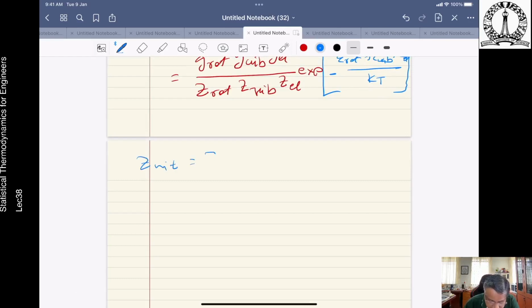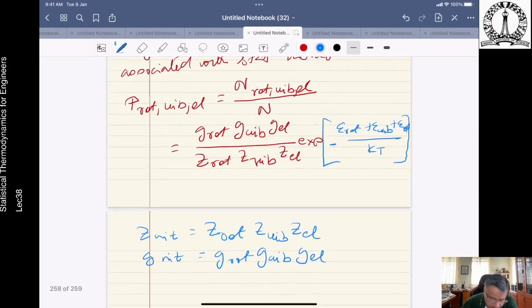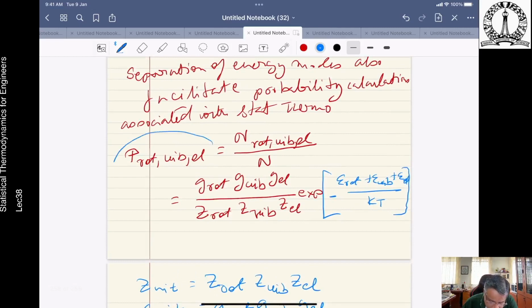Z internal is equal to Z rotation, Z vibration, Z electronic, and g internal, the degeneracy, is g rotation, g vibration, and g electronic. So this represents the probability of being in a specific rotational, vibrational, and electronic energy level.